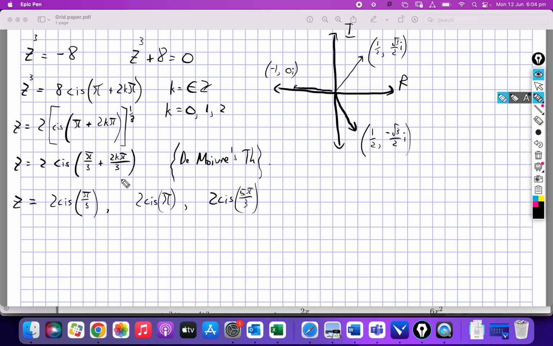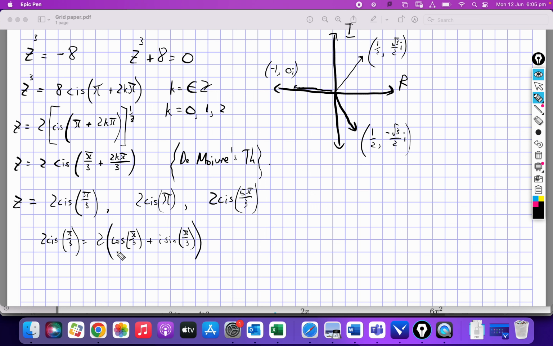So to convert this to Cartesian form would be pretty straightforward, because I know what the positions would be on a unit circle. 2 cis pi on 3 is my first one, which would be 2 times cos pi on 3 plus i sine pi on 3, which I've already written down.